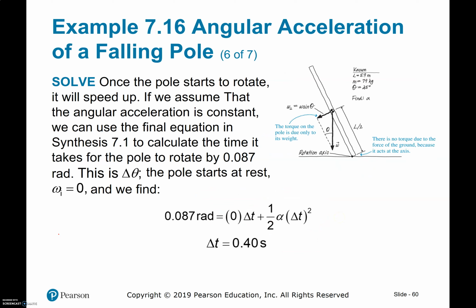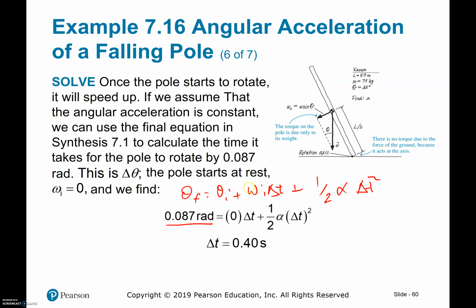So now we apply our rotational kinematic equation. The final angle, theta f, is equal to theta i, which we can set to 0, plus omega i, which is 0, times delta t, plus 1/2 alpha delta t squared.